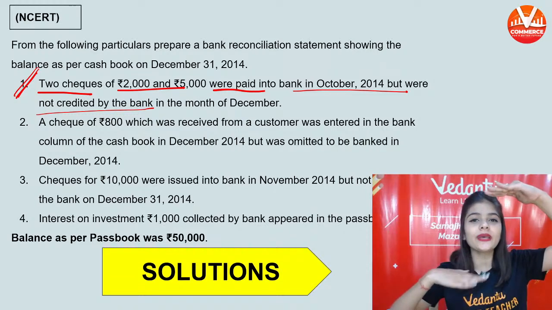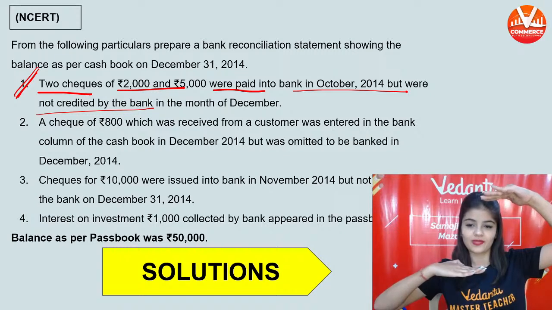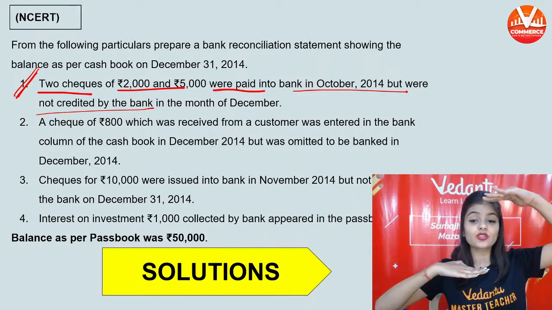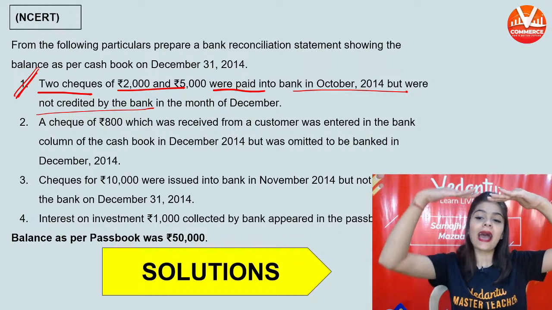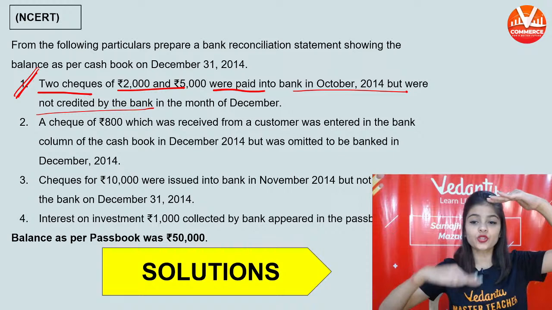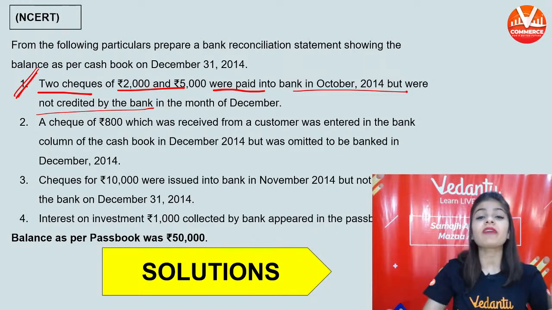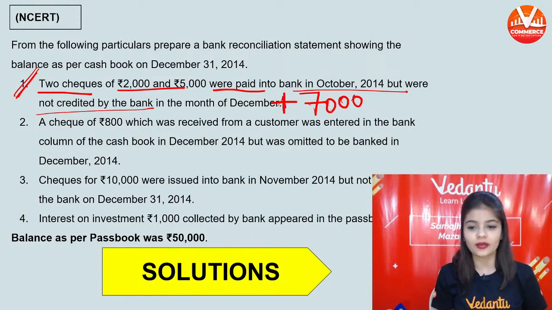What will you do in the passbook? क्या करोगे पासबुक में? What will you do in the passbook, Priyanshu? Balance of passbook is given. तो in passbook हम लोग कर देंगे add. We have to make changes in the passbook. So we will add 7,000 in the passbook.